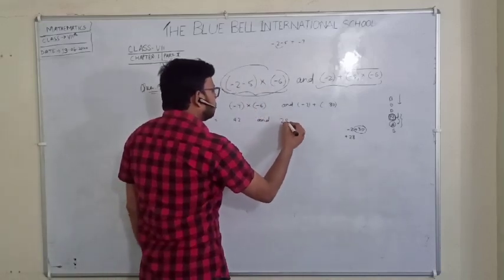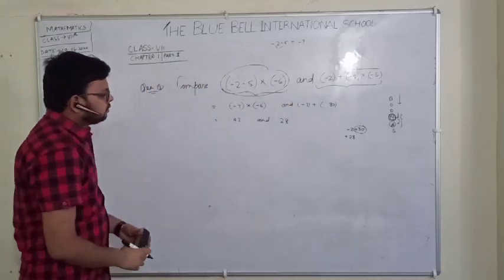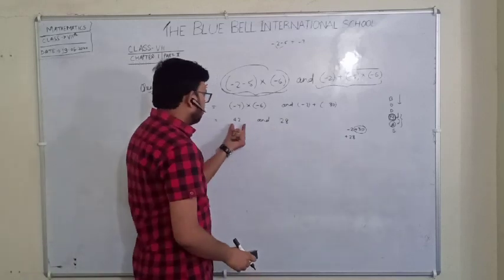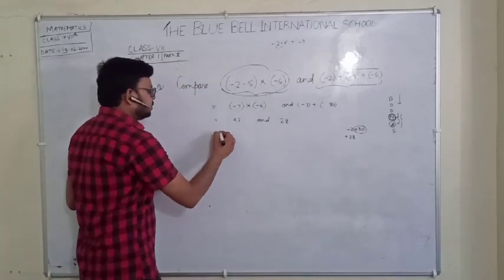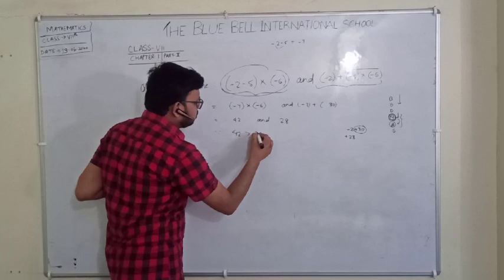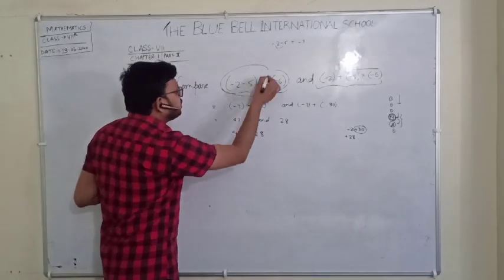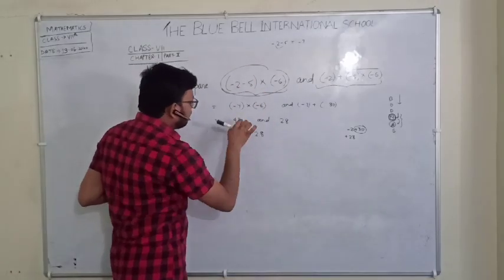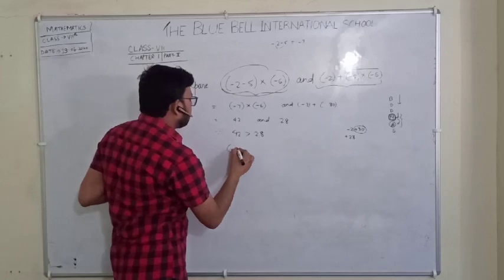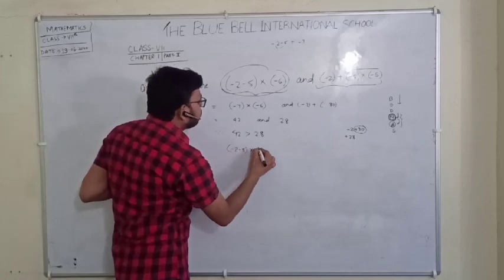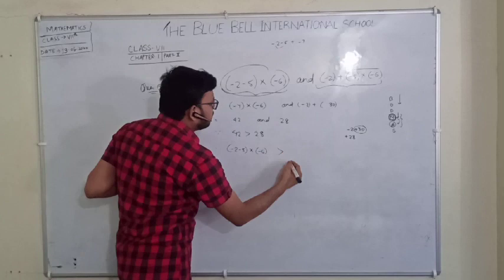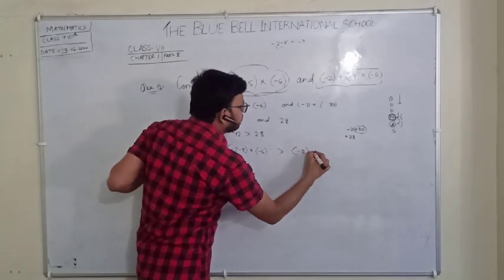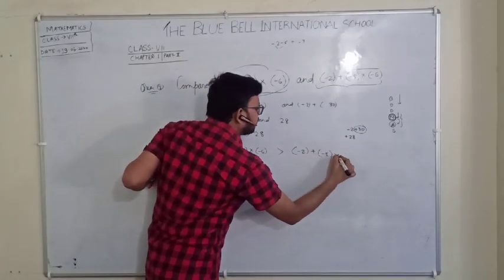Which number is larger, 42 and 28? 42 is larger. Since 42 is larger than 28, therefore the expression whose value is 42, minus 2 minus 5 into minus 6, is larger than minus 2 plus minus 5 into minus 6.